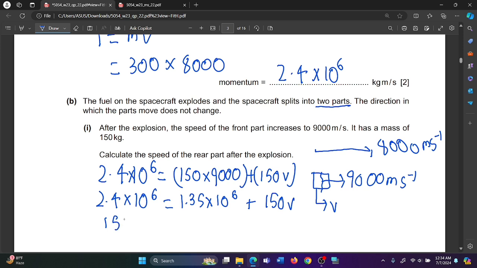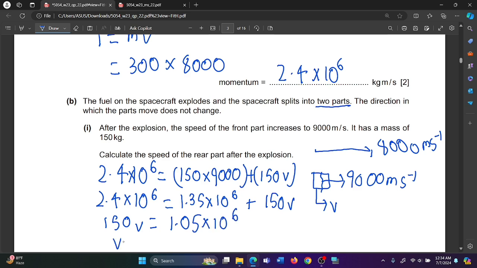So 150v becomes 2.4 into 10 to the power 6 minus 1.35 into 10 to the power 6. If I take 1.35 into 10 to the power 6 to the other side, it gets subtracted from 2.4 into 10 to the power 6, then it becomes 1.05 into 10 to the power 6.